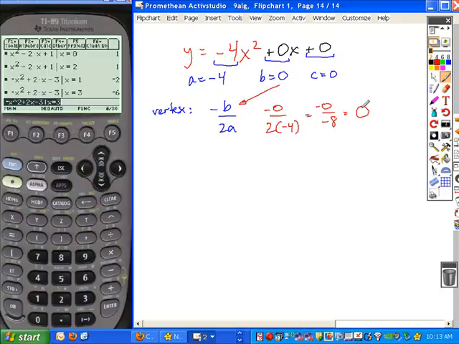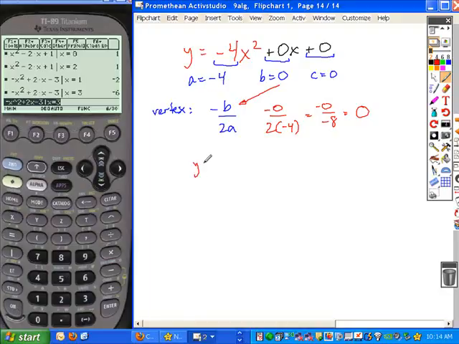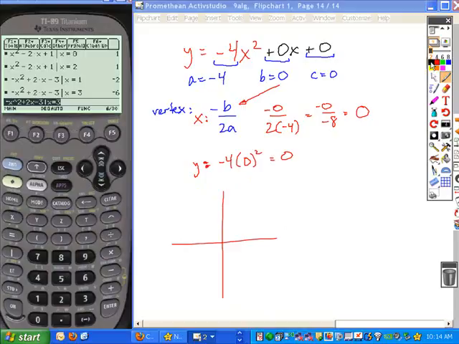How are we going to find the y-coordinate that corresponds to that? Plug it into our equation. You can do that by hand pretty easily here, because if you plug in a 0 for the x, you get -4 times 0, which is 0. So here's the x-coordinate and the y-coordinate for your vertex. You are able to identify the vertex of your graph is the point 0, 0.